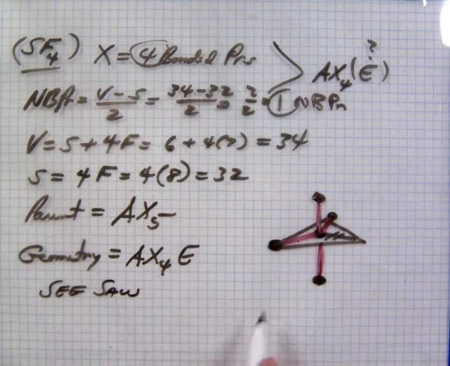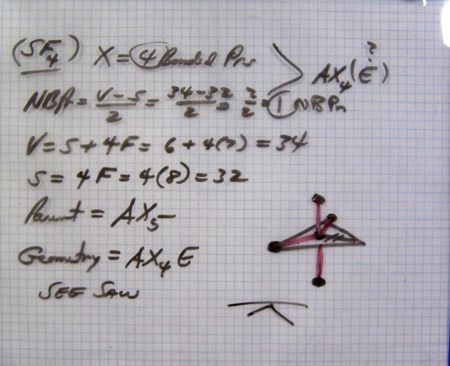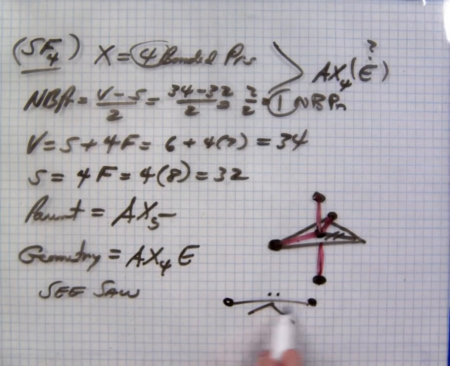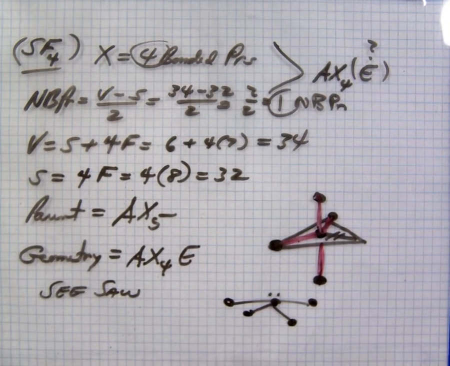If I took that and turned it on its side, it would look like a seesaw on a teeter-totter on a fulcrum, like that, and it would have its bonded here, and there's your central element, and you have AX4, and it would look like that. So you can see it probably better in that second handout I gave you.